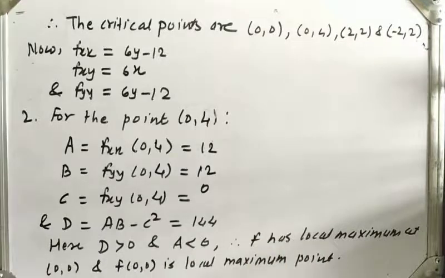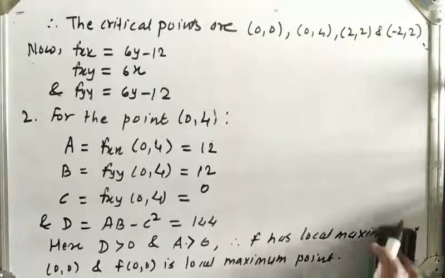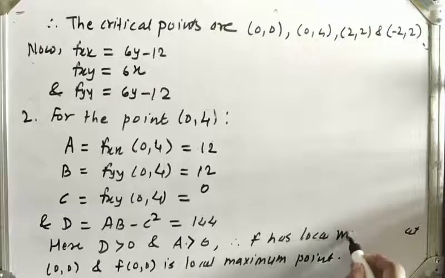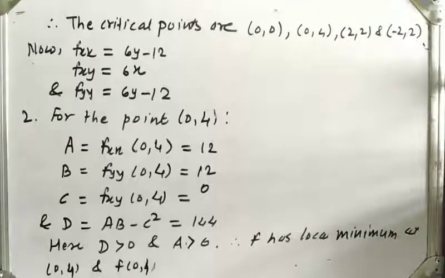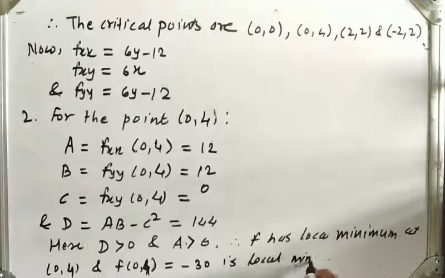Here d is greater than 0, and a is 12, a is greater than 0, so f has a local minimum at the point 0 4. The value of f at 0 4 we can calculate from the given function f of xy. We get f of 0 4 is minus 30, the local minimum value. Okay, this is for the second critical point.